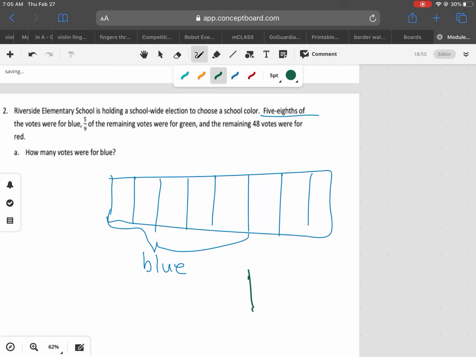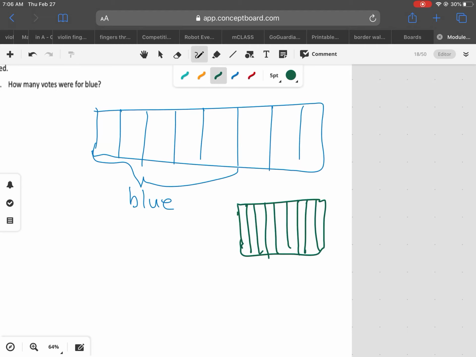So we're going to have it already cut up into pieces, but don't worry about that, because now we have 5/9, and it says the remaining 48 votes were red. Okay, so 5/9, so I'm going to do this into 9ths. And 5/9 were green.